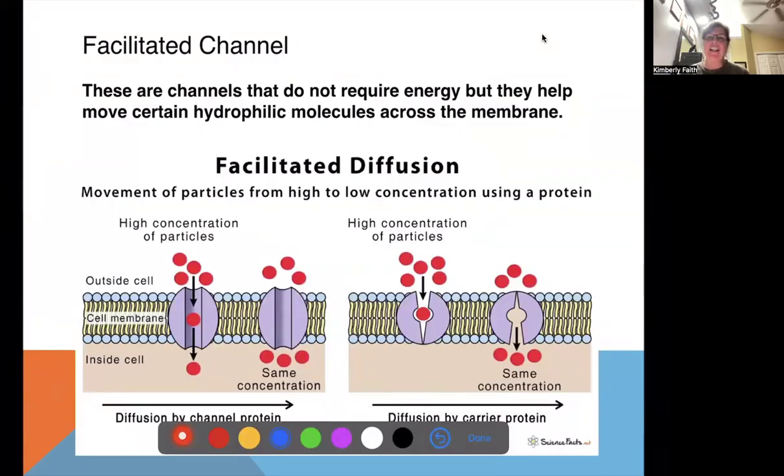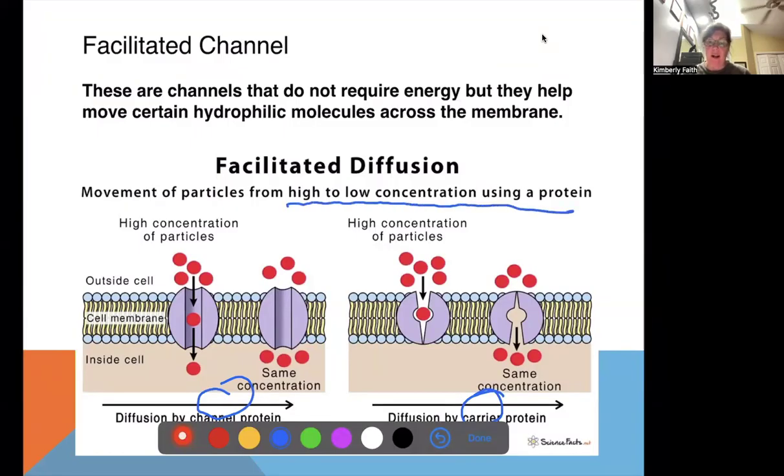All right, facilitated channels now, they are there to help these larger molecules cross over the membrane. There are two different ones we're going to talk about: a channel protein and a carrier protein. They are going to work from high to low concentration, right?